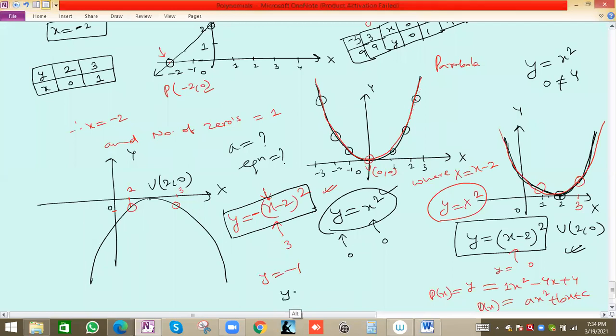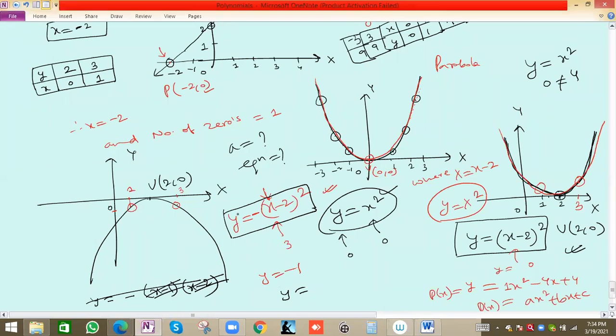If you expand this one, sir, will it be applicable for the equation y equals -1 into (x minus 2), excluding the square? You exclude the x minus 1 from here. Minus 1 we can remove.